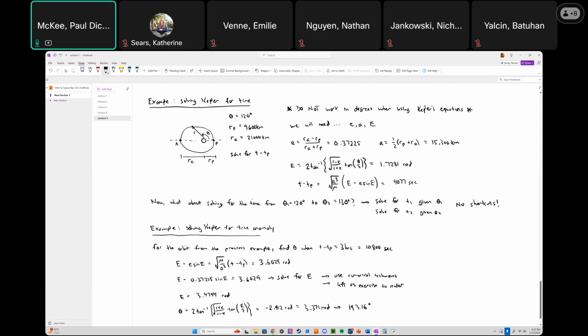So you can put your final answer in degrees, but you need to work in radians for the rest of the problem. Okay, so you see the issue here. If you want to solve Kepler for true anomaly, you need to use some nonlinear solution scheme. But if you want to solve it for time, it's the simplest thing in the world.